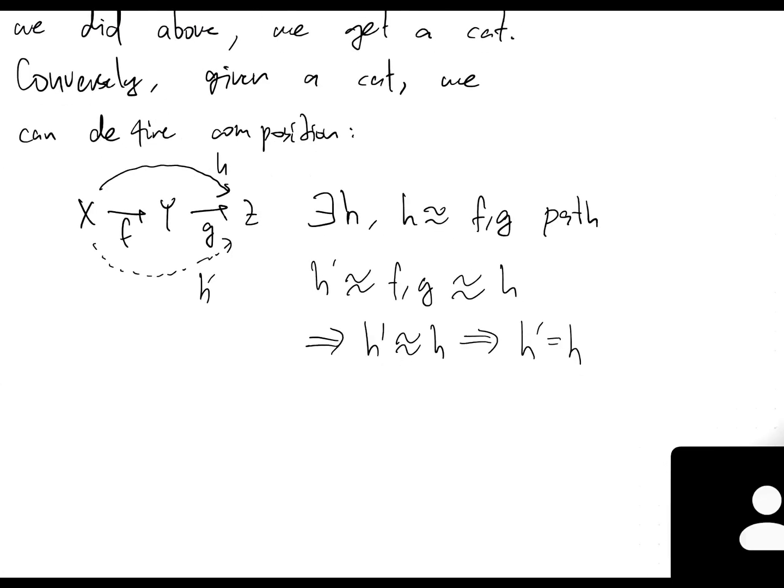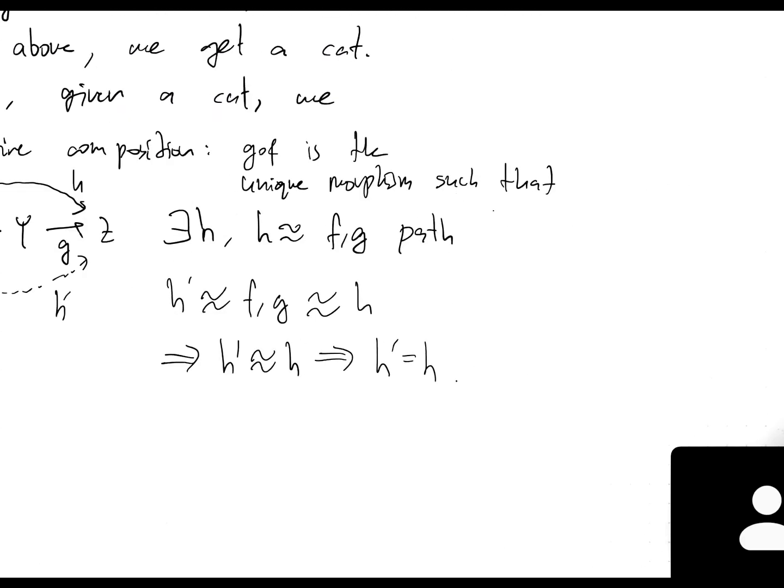So we can then define H, the composite, as the unique morphism. You see, it's unique because H always ends up being equal to H prime. So we can define this as the unique morphism such that, as a single morphism path, this is equivalent to the path FG.